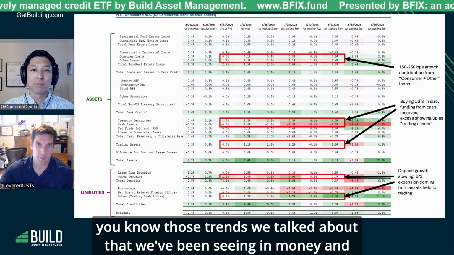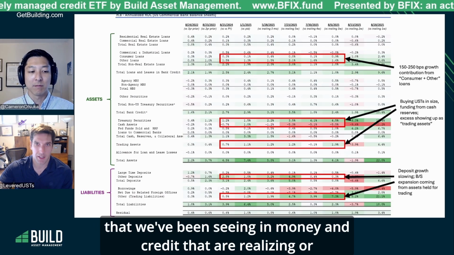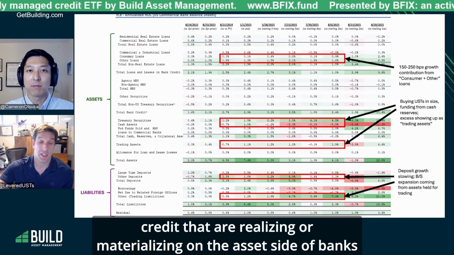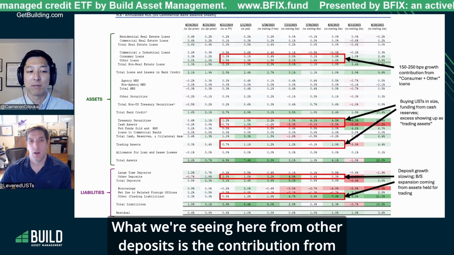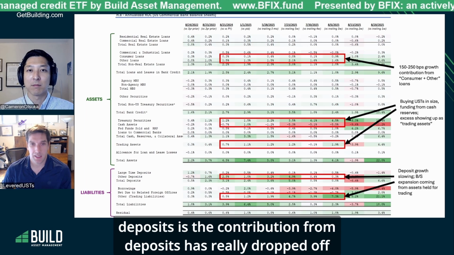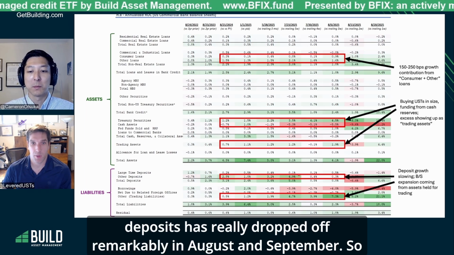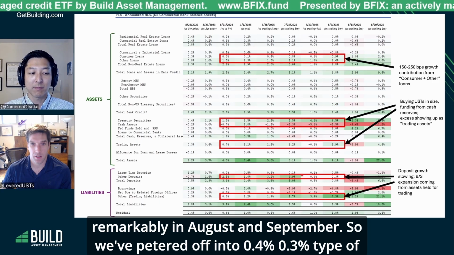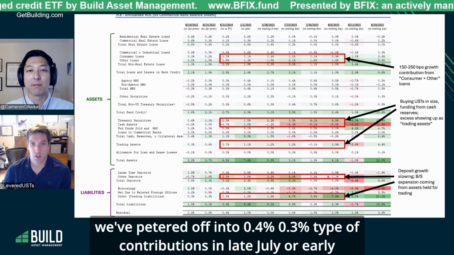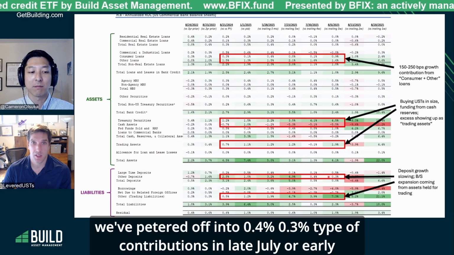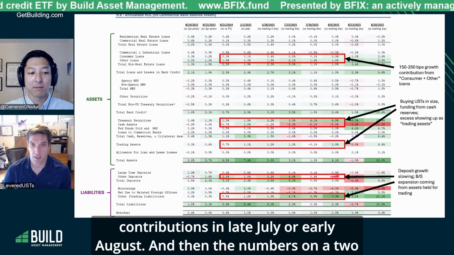Those are the trends we talked about that we've been seeing in money and credit that are materializing on the asset side of banks' balance sheets. What we're seeing here from other deposits is the contribution from deposits has really dropped off remarkably in August and September. So we've petered off into 0.4%, 0.3% type of contributions in late July or early August.